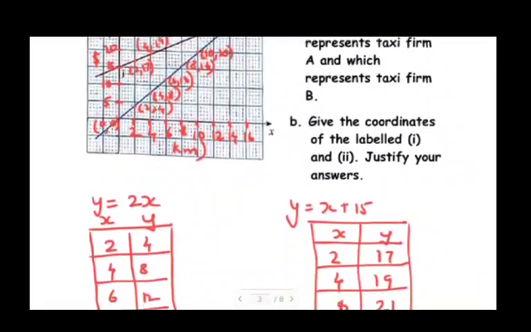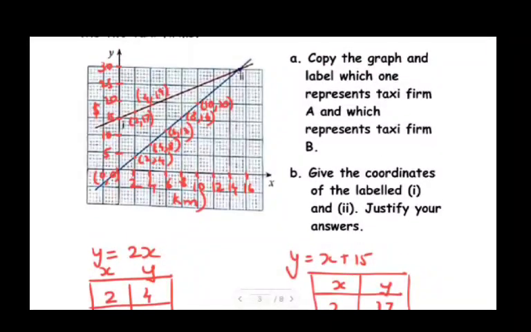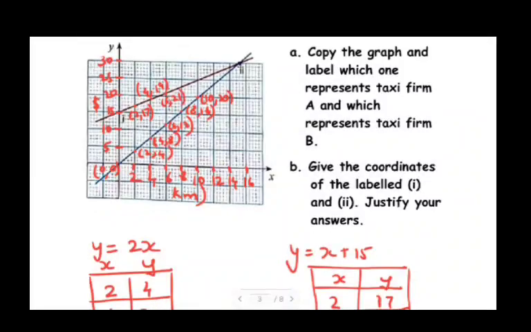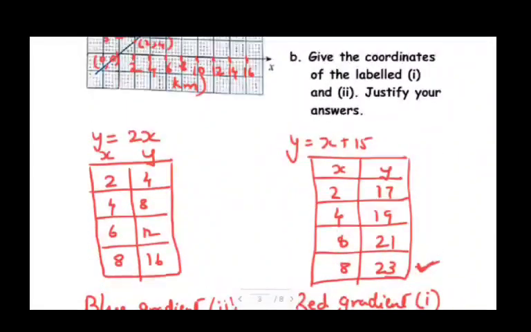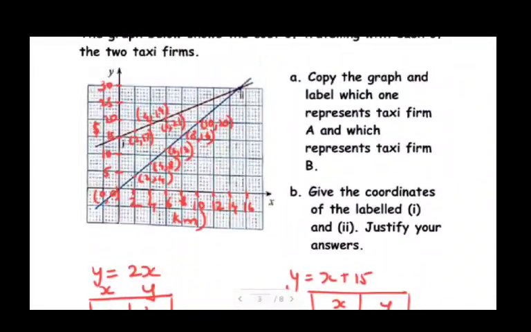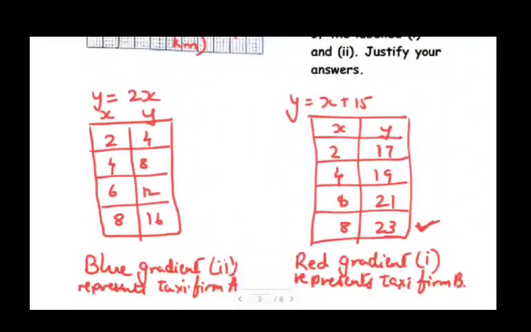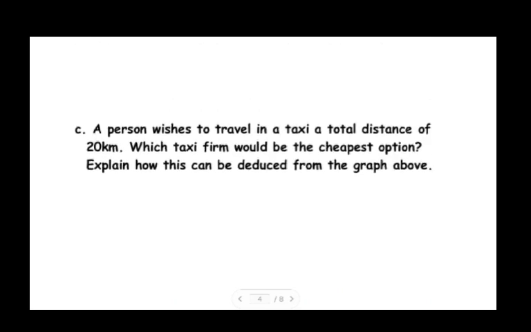Then 6 and 21. So 6 and 21. I shall write it down again. And my last one is 8 and 23. So that's my 8 and 23. Basic work done right at the beginning makes the entire sum very easy.